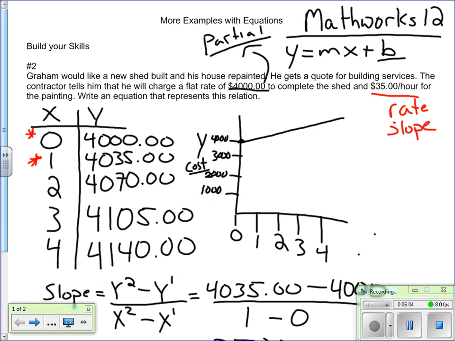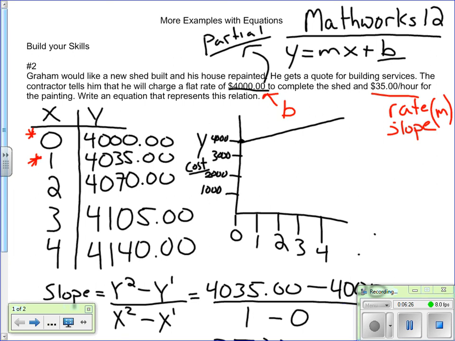So this number here is equal to m in my equation. And I'm going to show you the solution for this as well, but this number here, we're going to find, is equal to the b in the equation, because it's a partial variation and there's a flat rate.